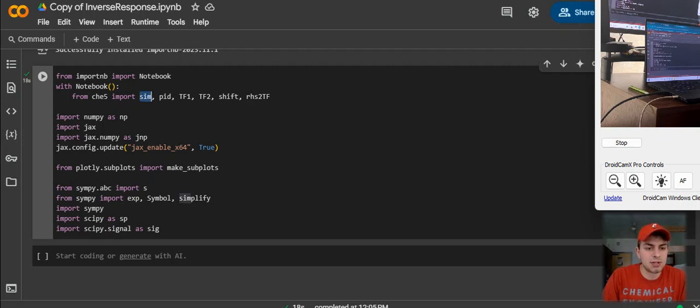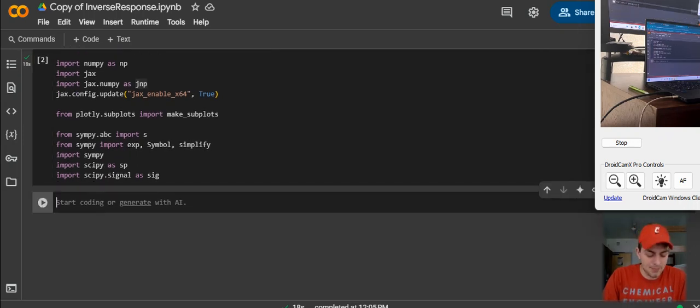What the sim function is going to allow us to do, as we'll see in just a second, is import our closed loop transfer function, and then throw in a dummy time variable and simulate how that system will respond based on the closed loop transfer function provided.